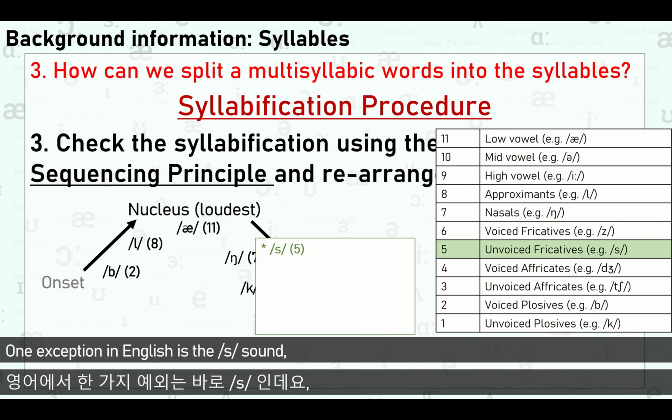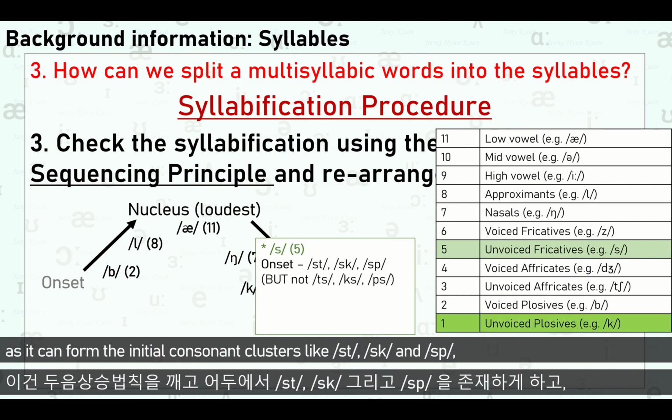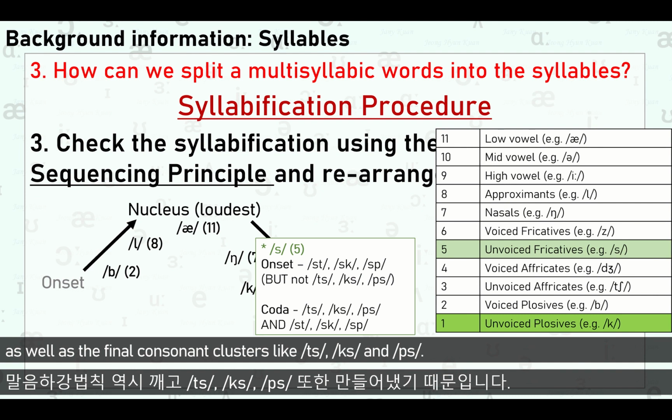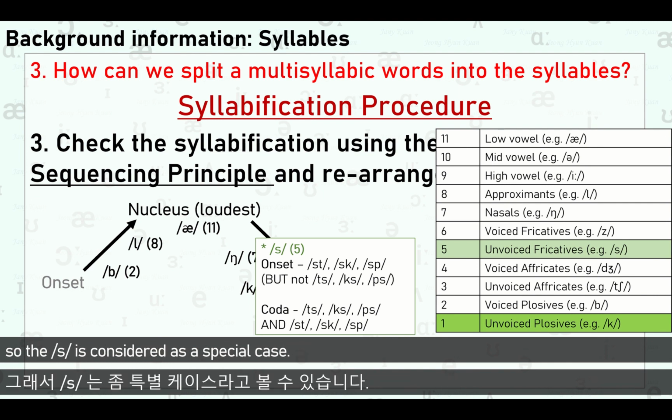One exception in English is the S sound, as it can form the initial consonant clusters like ST, SK, and SP, as well as the final consonant clusters like TS, KS, and PS. So the S is considered as a special case.